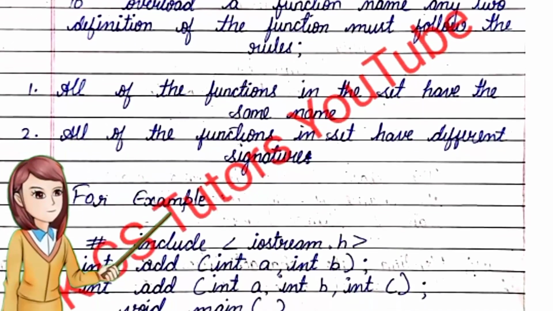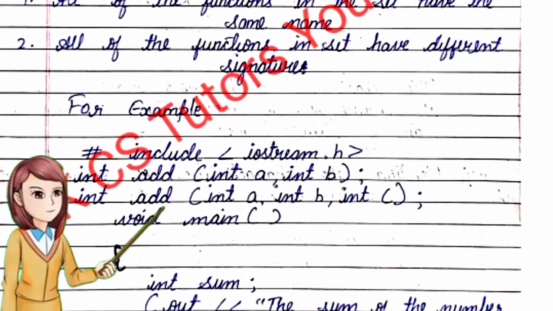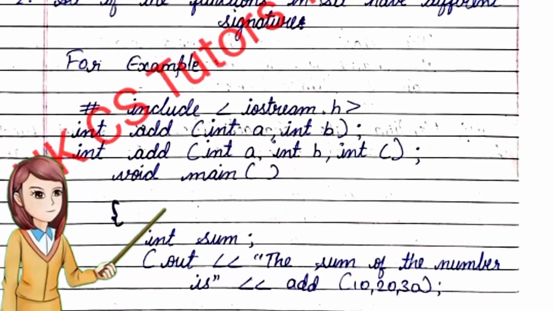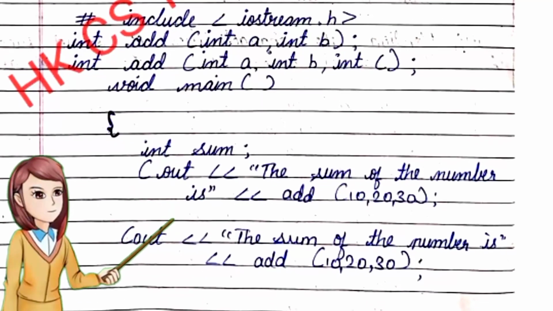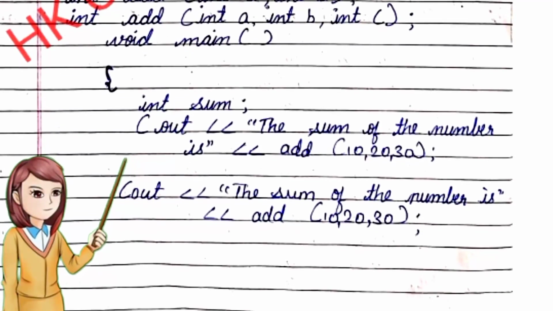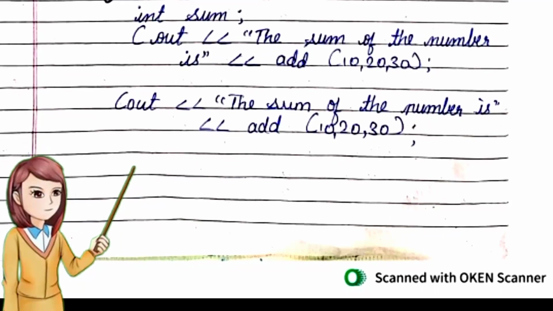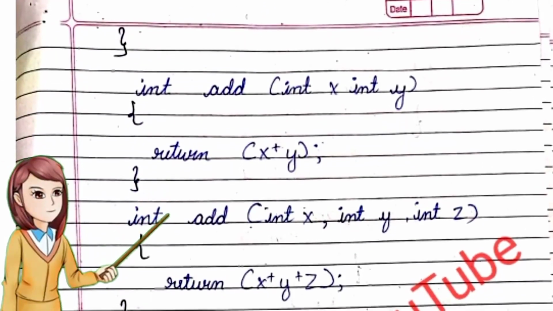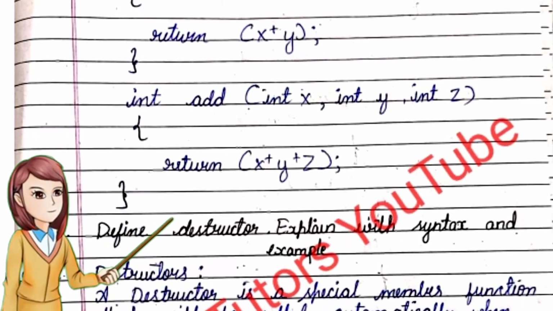To overload a function name, any 2 definitions of the function must follow the rules. First one, all the functions in a set have the same name. Second one, all the functions in the set have different signatures. For example, here we have an example of function overloading.